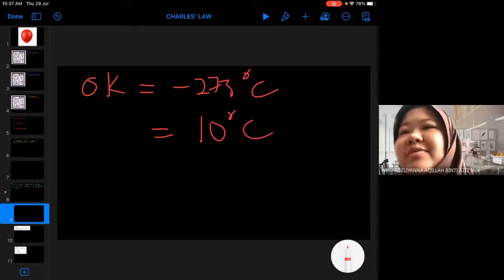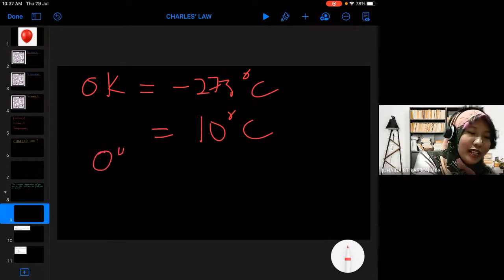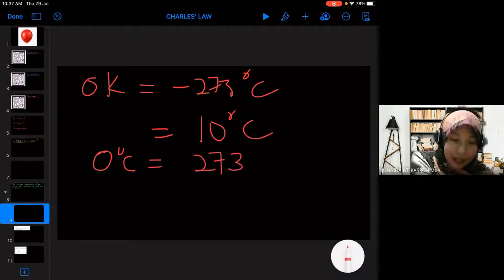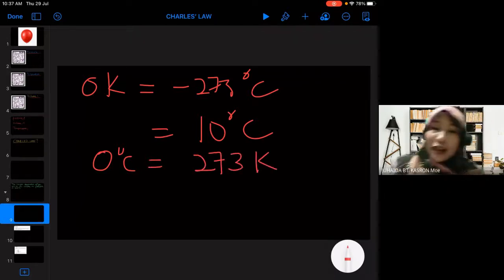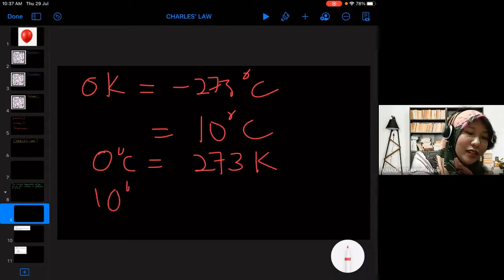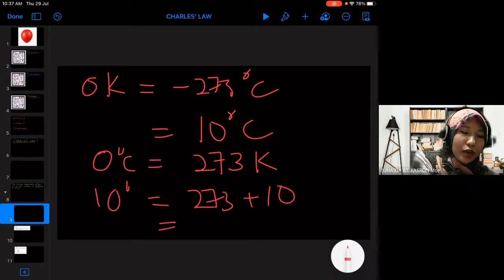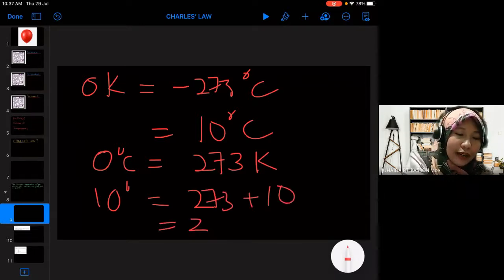Plus 273, because 0 degrees Celsius equals to 273 Kelvin. Betul tak? So 10 degrees Celsius equals to 273 plus 10. So it will be 283 Kelvin. Okay. Understand?